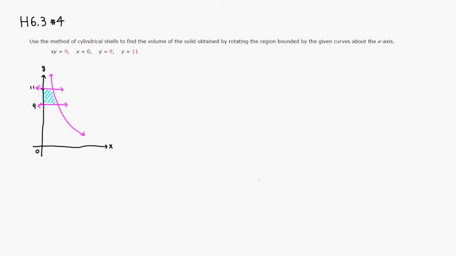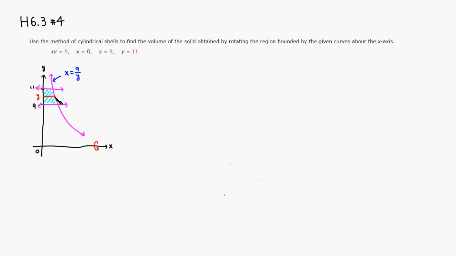Actually, I'm going to solve for x, so we can write it as x equals 9 over y. Then we're rotating about the x-axis. The approximating shell: let's say you take a random y here.